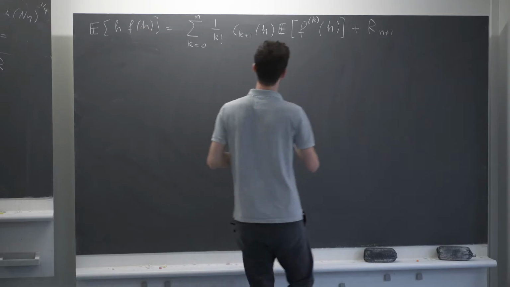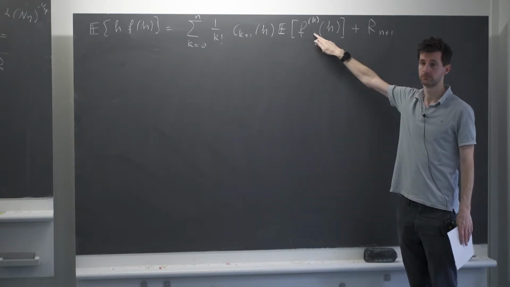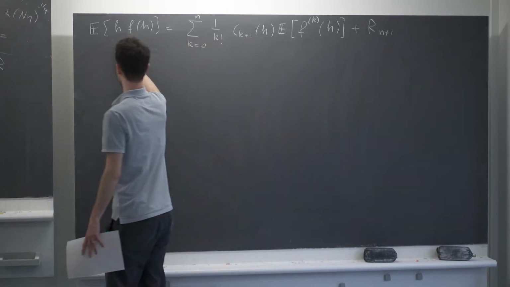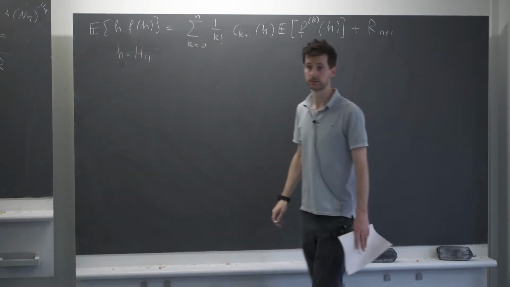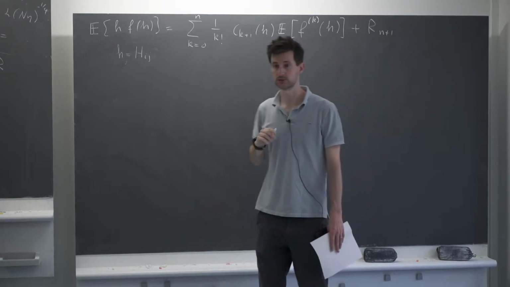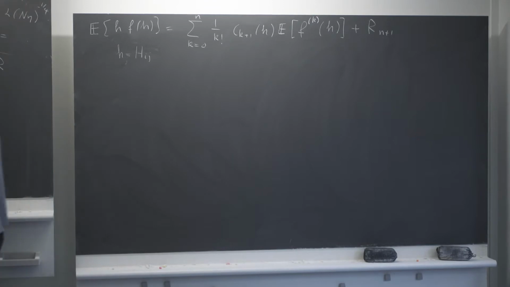Now, this means in particular we have to differentiate some function k times with respect to h. Now, h in these applications you will see is going to be one of the matrix entries. Now, there's a slight nuisance caused by the fact that the matrix does not have completely independent entries.